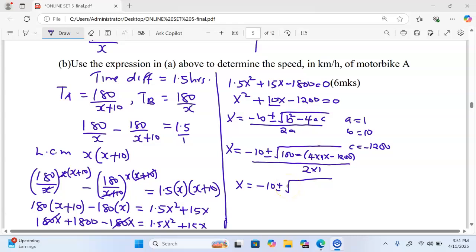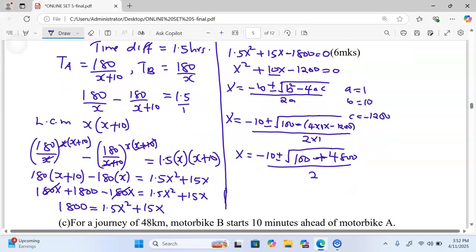we have 100 minus 4 times 1 times minus 1200, which will give us negative 4800. Remember, minus will give us a plus, divided by 2.